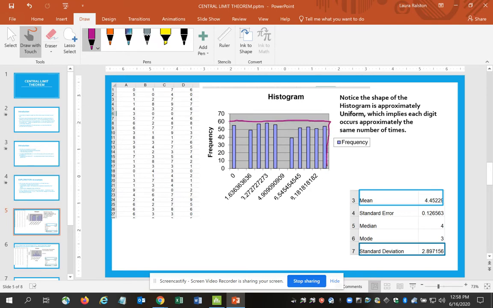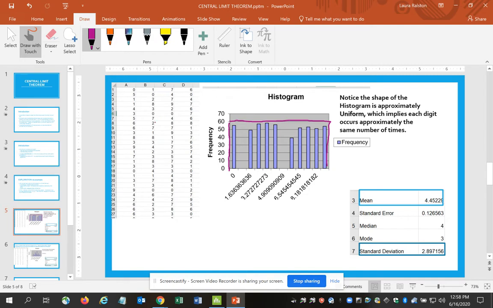For the most part, this particular graph does look like a rectangle, which implies that each digit occurs approximately the same number of times, which would lead me to surmise that it is random or uniform.